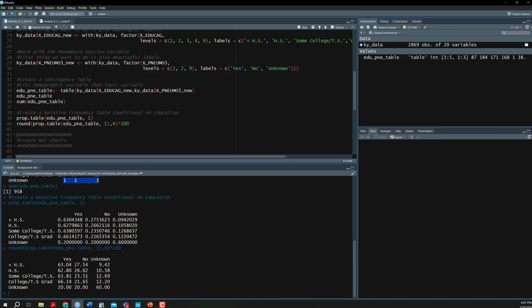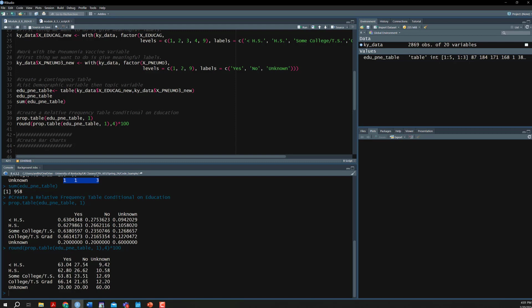So typically if I'm reporting these values, I would either include the counts in the table or put some kind of footnote along the bottom that lets your reader know that 20% and 60% really aren't that informative because they only came from 5 people. All right, so that's how we can create that relative frequency table where we condition on education.